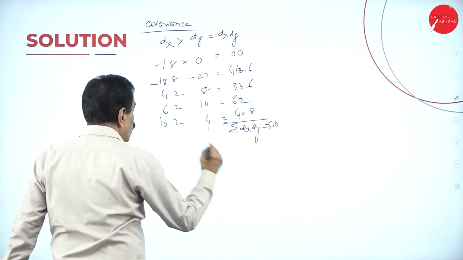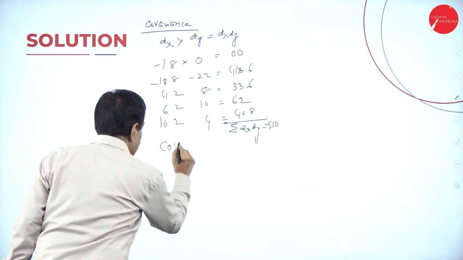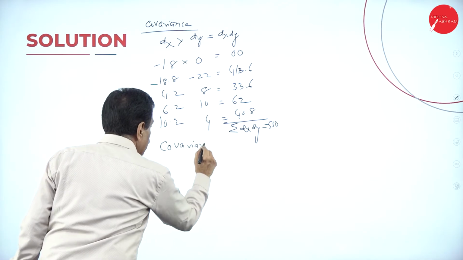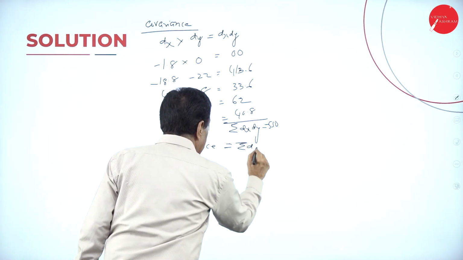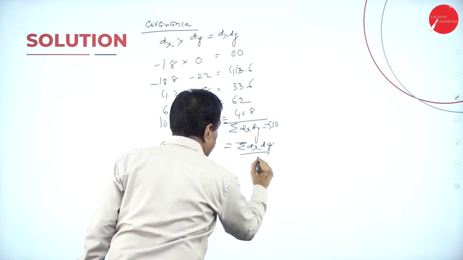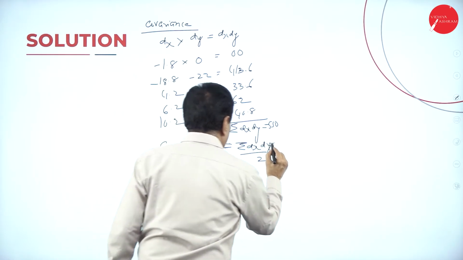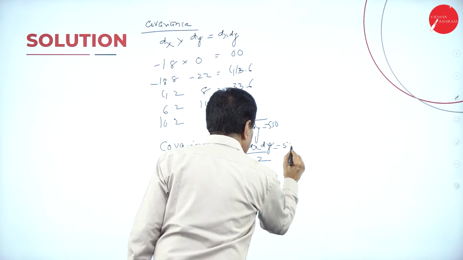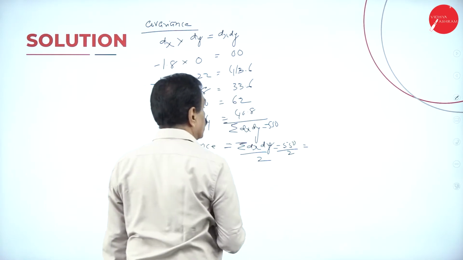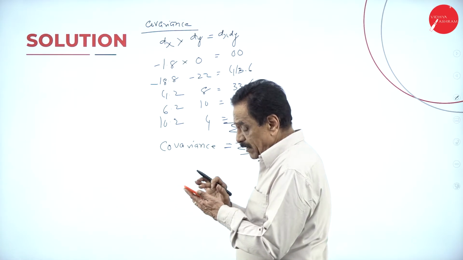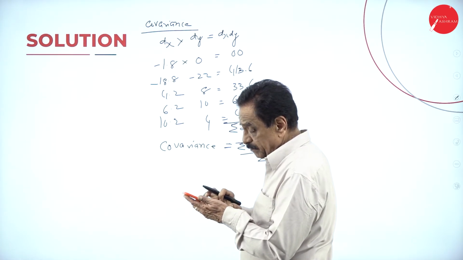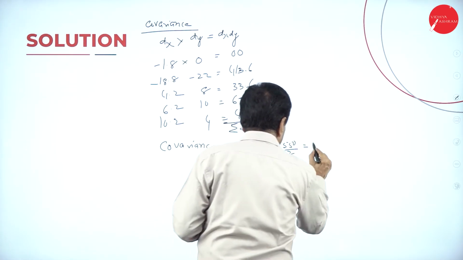Now, covariance is equal to sigma dx dy divided by 2. This is 550 divided by 2, which is 275.